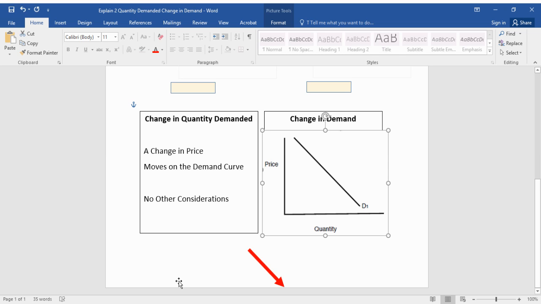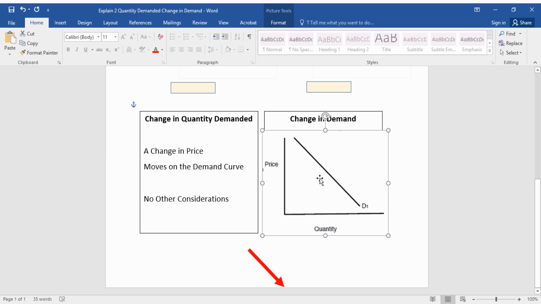What is happening here is an actual change in demand. The price of a complementary item has increased. That will change the demand.